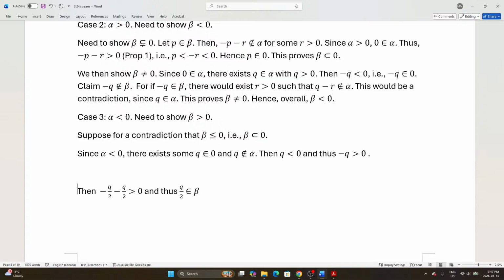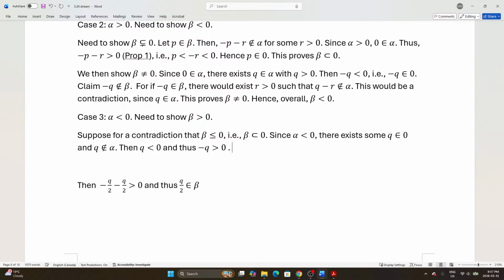So, claim: minus Q is in beta. Actually, I can do half minus Q is in beta.